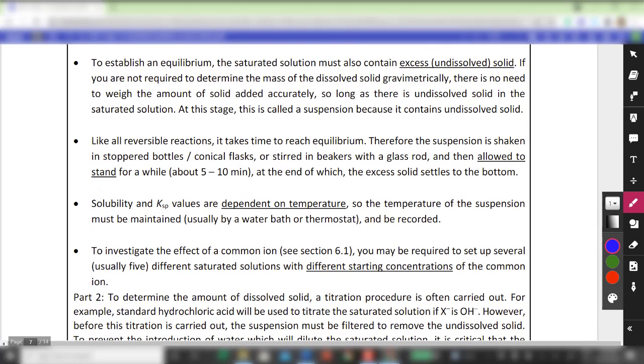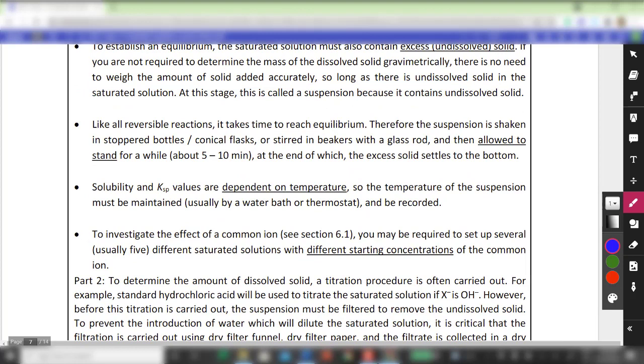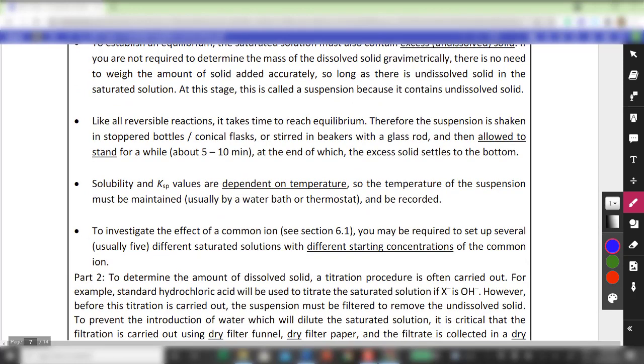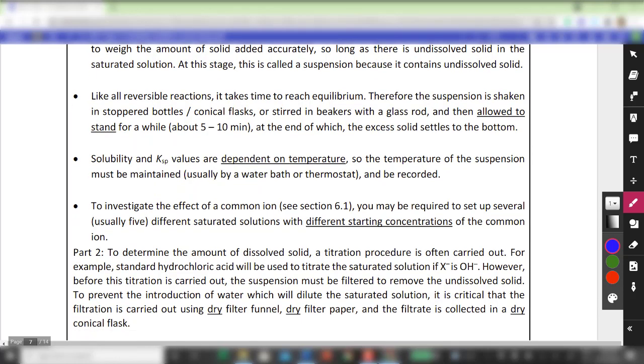Do take note of the temperature of the surroundings as well. If it's room temperature, just take note of the room temperature at that point in time. For Singapore's weather, it can range between 25 degrees Celsius to about 32 or 33, so it really depends. If it needs to be maintained, use a water bath which can control the temperature thermostatically.